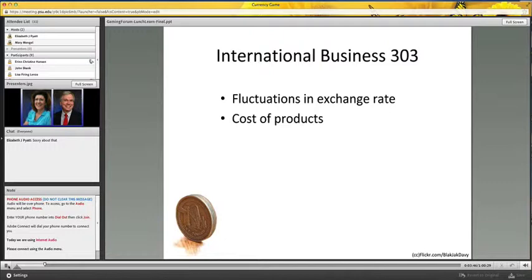We use case studies in class to show that there are positive and negative impacts of currency fluctuation. The focus of our exercises in class is to show that when a U.S. company imports goods for resale, they buy those goods and have to pay for them on a local currency basis. But then when they sell them in the U.S., they get paid in U.S. dollars.